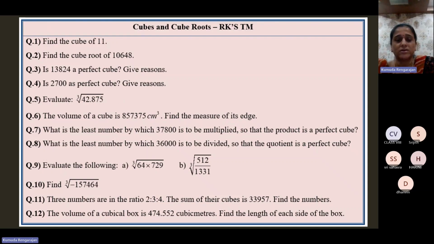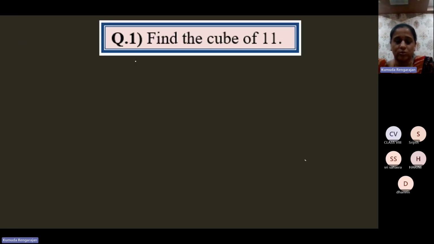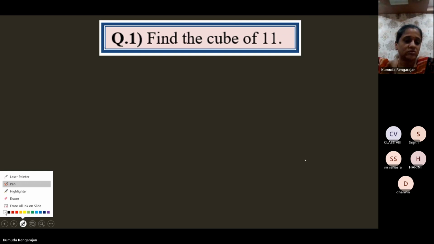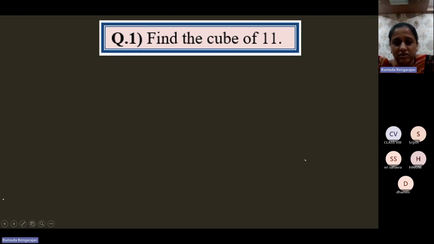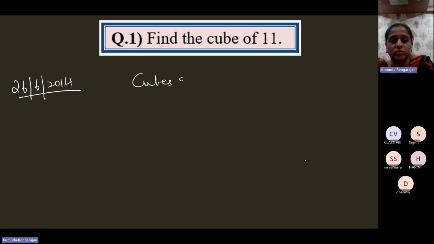Today's classwork, writing work starts from now. So leave 6 sides in your long notebook and take down this question. You can write today's date. What's the date today? 26. Write today's date, 26/6/2014. Write the name of the chapter, cubes and cube roots.